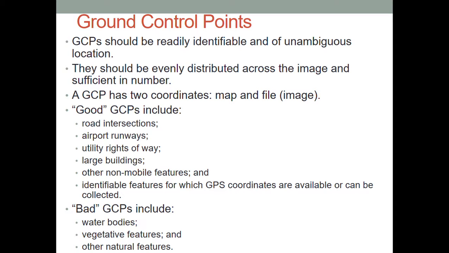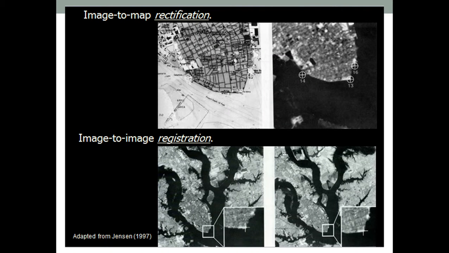The level of the water will also be different. High tide, low tide, rainy season, dry season, all of this will affect the coastline of the water bodies. Vegetation features as well, because you cannot simply detect the differences between one tree and another, and other natural features.